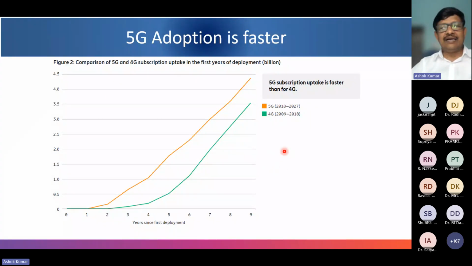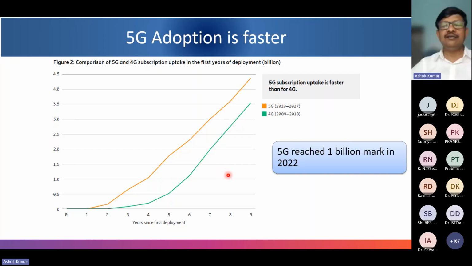What this graph says, on the x-axis, this is years, year 1, 2, 3, 4, and on the y-axis, number of customers in billion, 0.5, 1, 1.5, 2. The orange color is for 5G and the green color is for 4G. If you see the green color one, just see this 1 billion mark, 4G took 6 years.